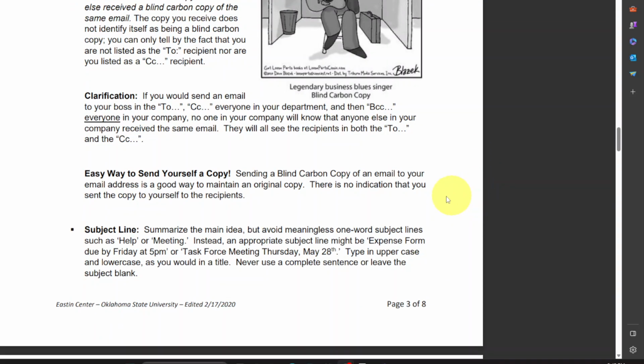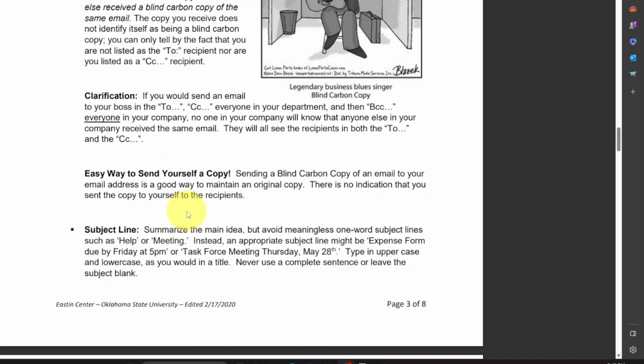Clarification. If you send an email to your boss in the To and CC everyone in your department, and then BCC everyone in your company, no one in your company would know that everyone else in your company received the same email. They will all see the recipients both in the To and the CC.